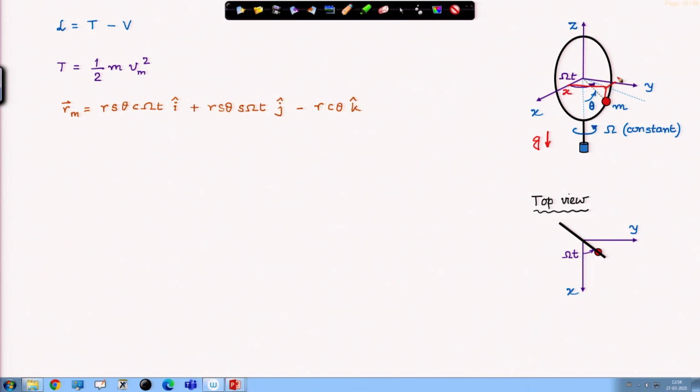So, this is x, this is y, and this height, this depth, gives me the z coordinate. Z coordinate is minus r cosine theta k cap. So, theta is being measured like this.